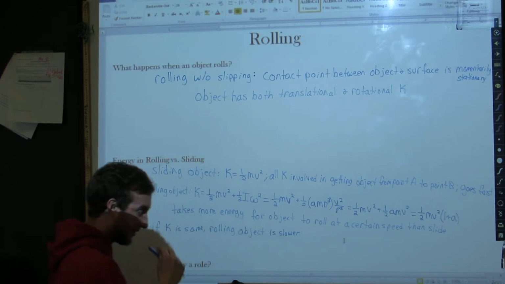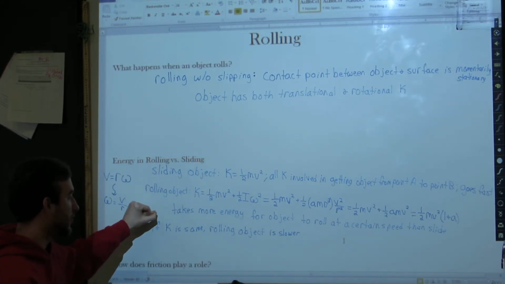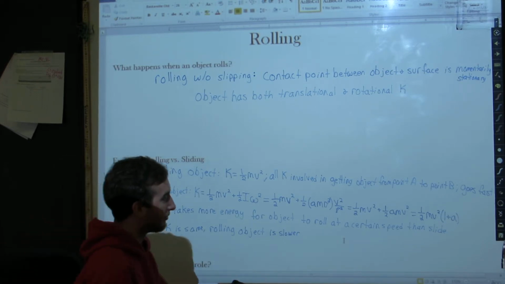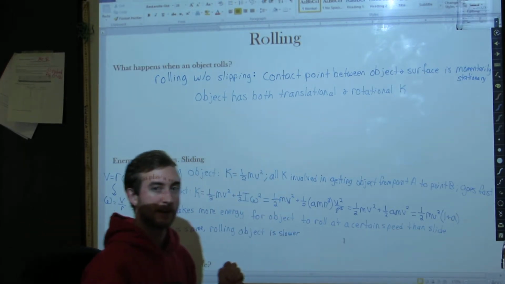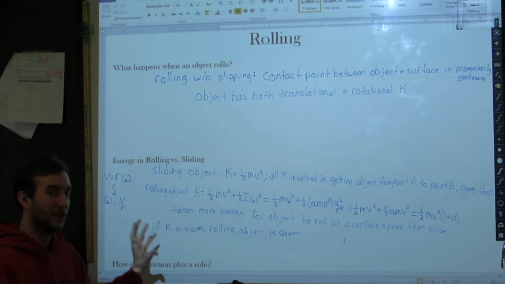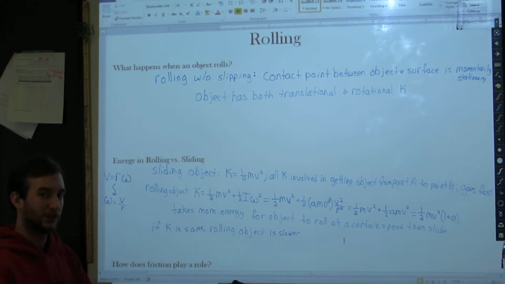So make sure you understand the difference between these two scenarios. If we have two objects, one is sliding at a certain speed, one is rolling at a certain speed, the rolling one will have more kinetic energy. If, on the other hand, we make sure the objects have the same kinetic energy, the one that's rolling will be slower.